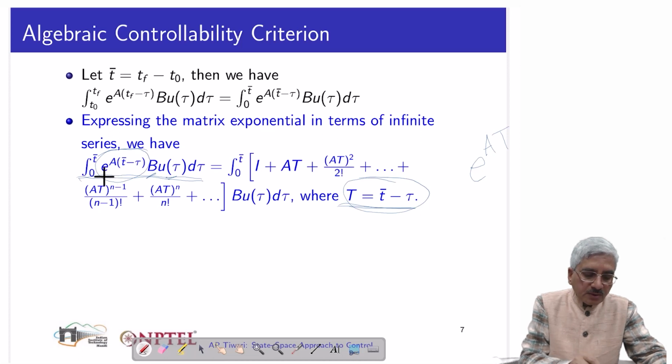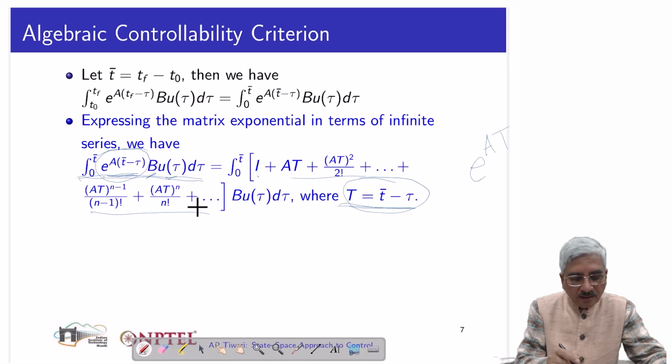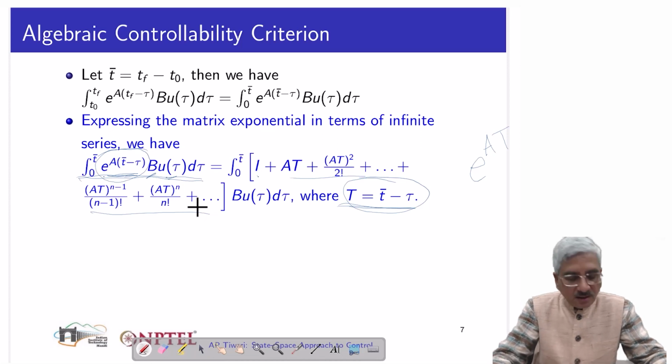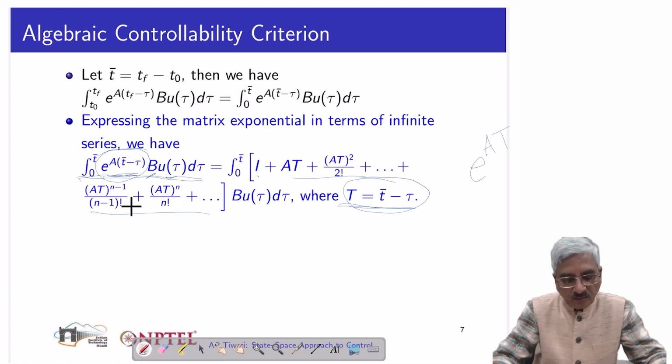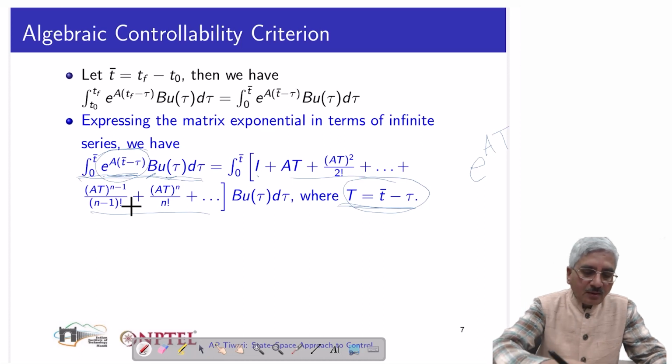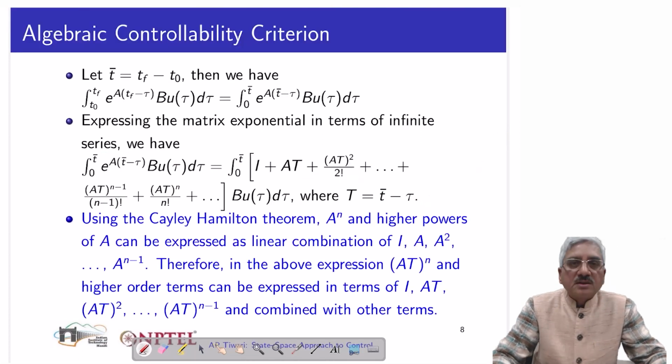So we substitute in its place this expression, and this is an infinite series. It goes to powers beyond A to the n minus 1. It will go up to infinite terms, but we can simplify that, as we will see.